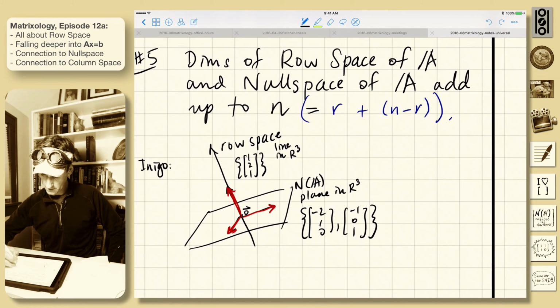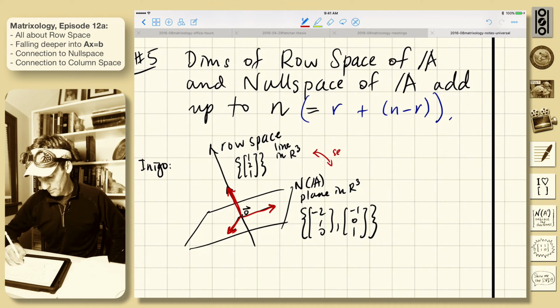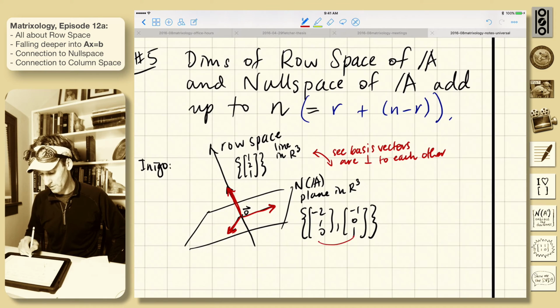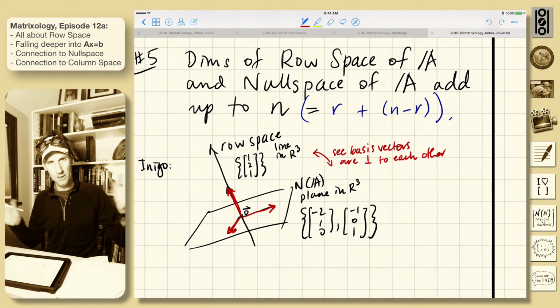That has to be true. So we see the basis vectors are orthogonal to each other. Not these two, but the ones from the different spaces.